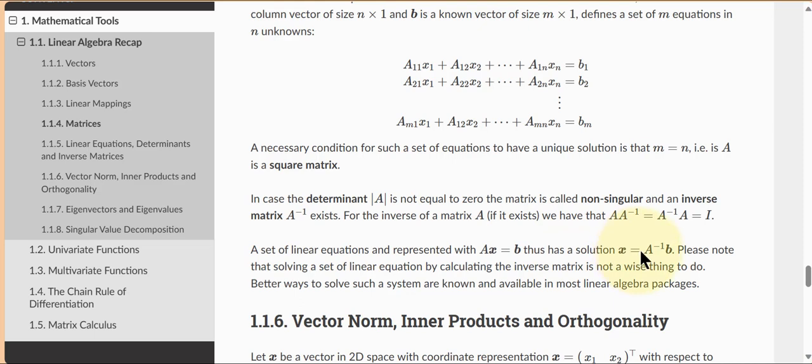But yes, he should be saying has a solution if the inverse exists. He didn't say that here. But anyway, a set of linear equations represented by Ax equals b, thus has a solution if the inverse exists, or if the determinant is not 0.